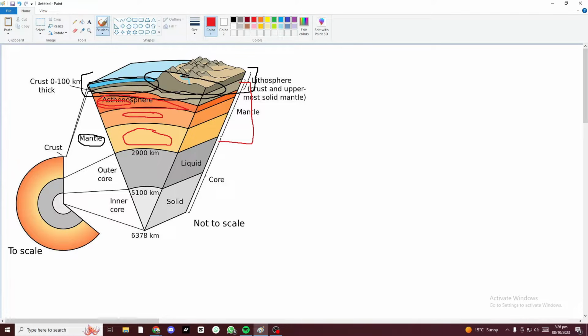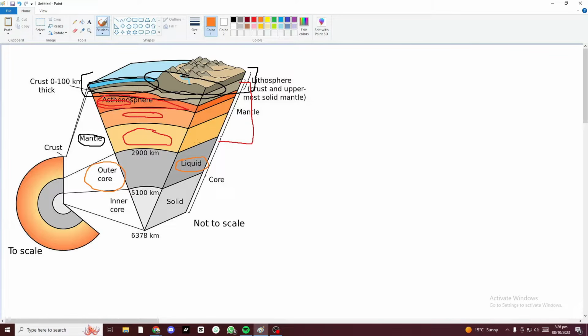Okay, now we get to the outer core. Here's the outer core. The outer core is located beneath the mantle and extends to about 5,100 kilometers deep. It is made of liquid iron and nickel. So it is liquid.